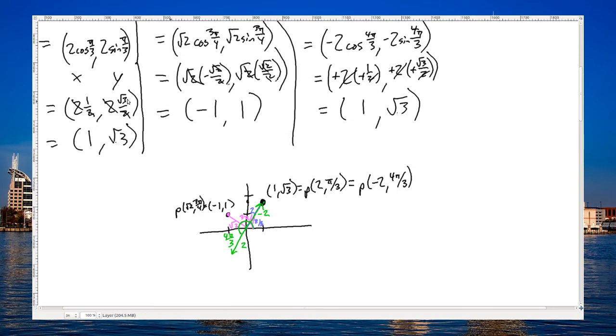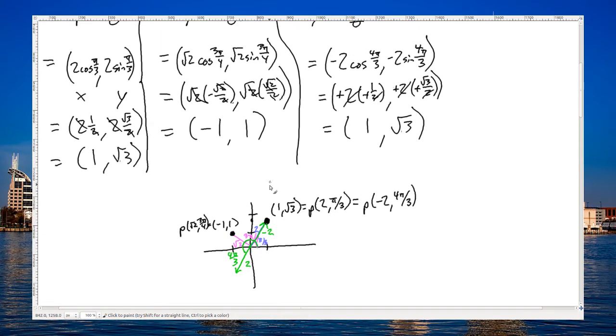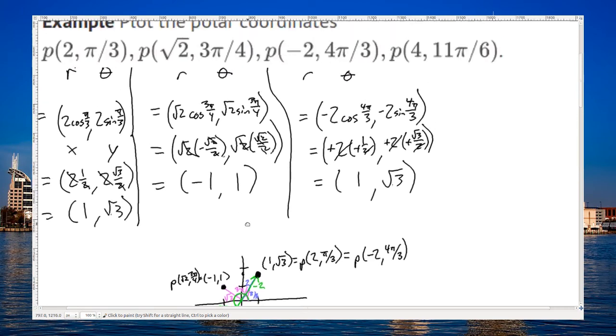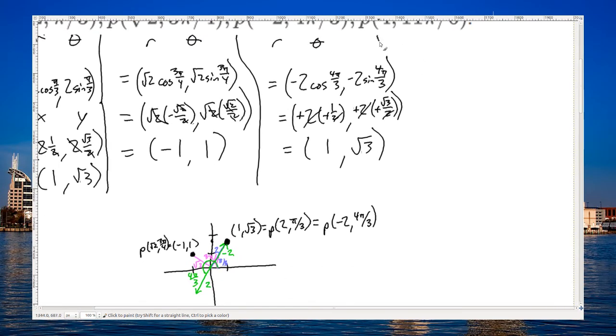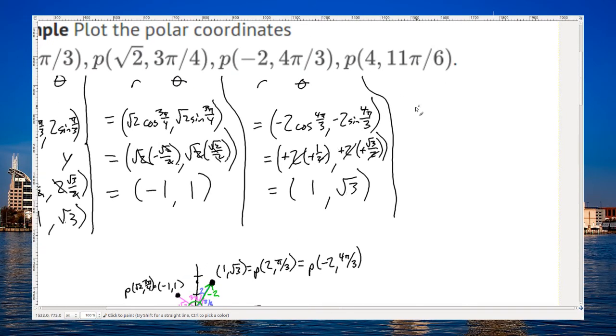So far we've only had two different points. The first and the third polar coordinates actually overlapped at the same exact point. Let's do the last coordinate now. 4 comma 11 pi over 6. That's my r, that's my theta.